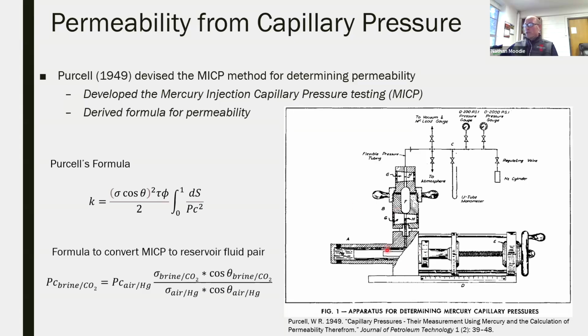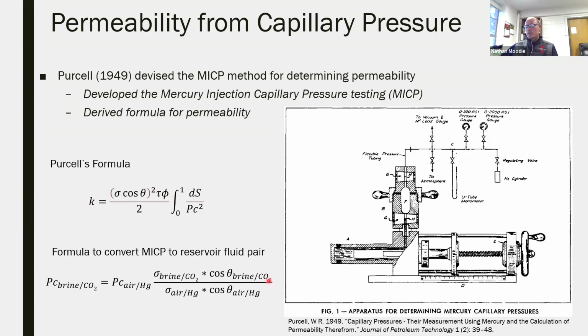So with incremental pressure changes in this fancy apparatus with a little hand crank on it, he was able to come up with the steps that gave you the saturation and the capillary pressure, and then understanding your interfacial tension and your contact angle, and using this formula here, which this is tortuosity and this is porosity, you can calculate what the permeability of your sample is.